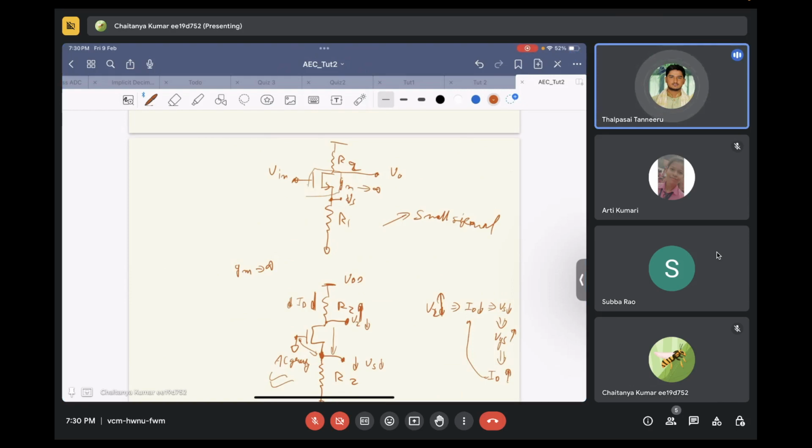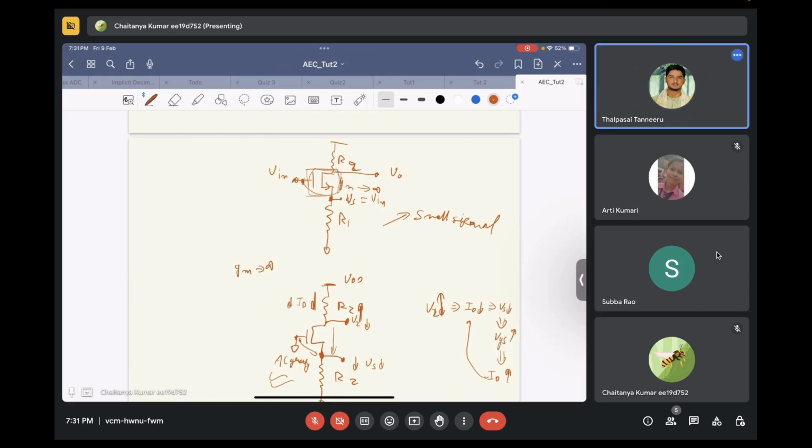Okay, it's gate minus source. Yes, correct. So VS has to be Vin in order to keep the input of this current source equal to 0. This is again equivalent to the virtual ground that we have.